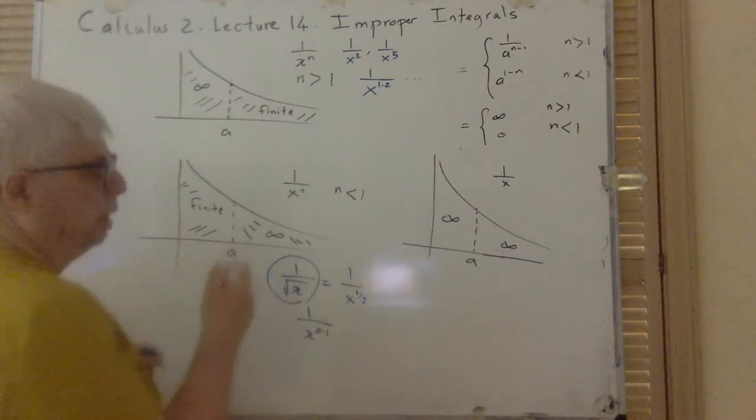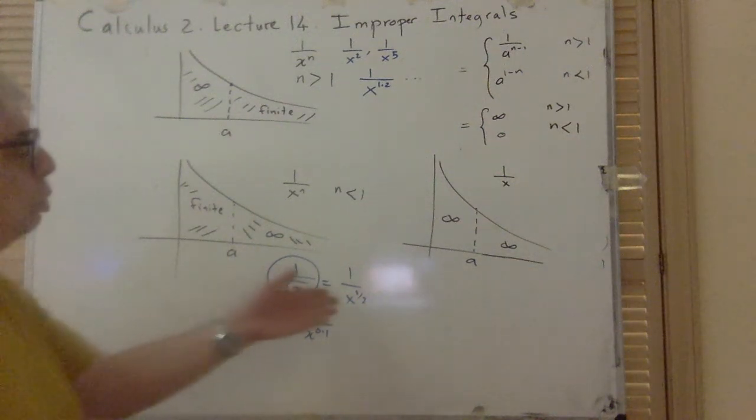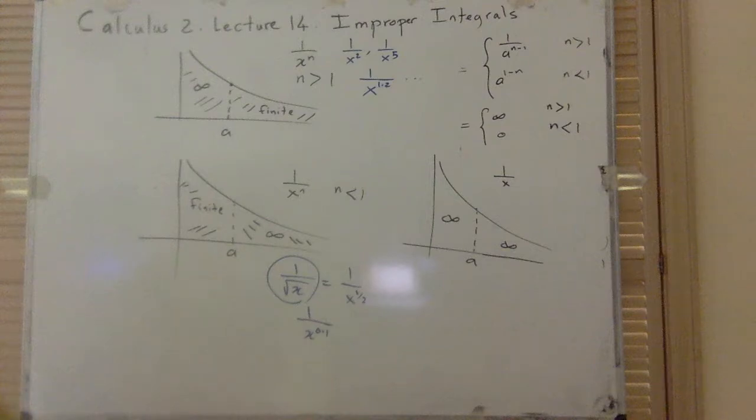Always, always, always, when you see a radical, write that radical as an exponent. So it might be the third root; write it as x to power 1/3. Don't leave it like this, and don't make yourself confused.